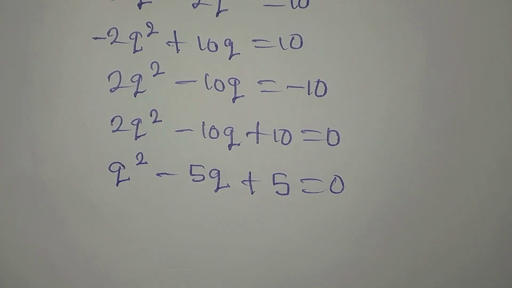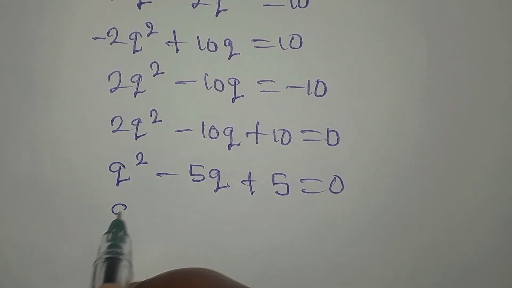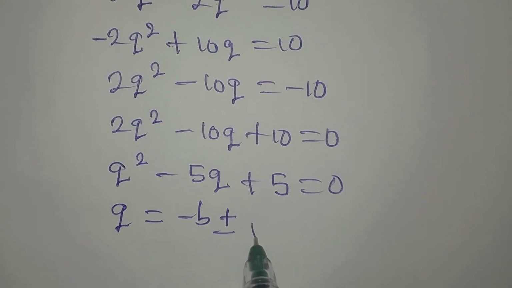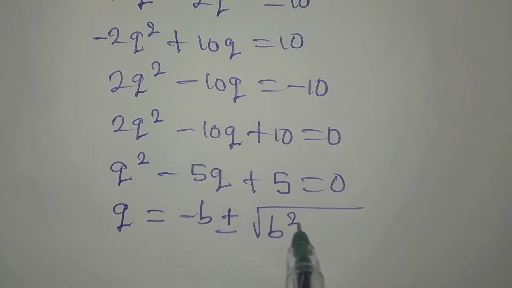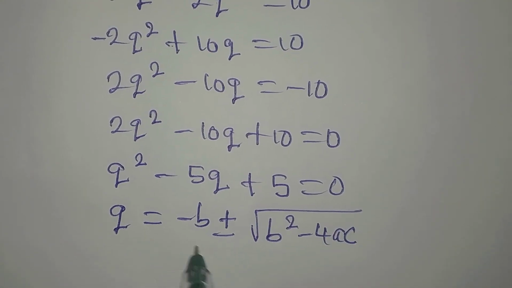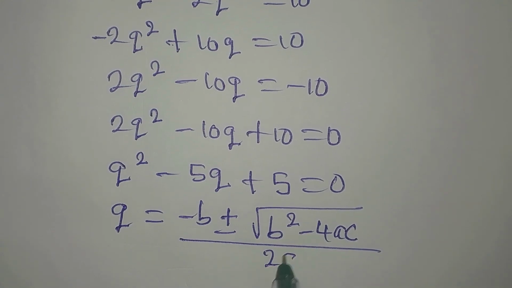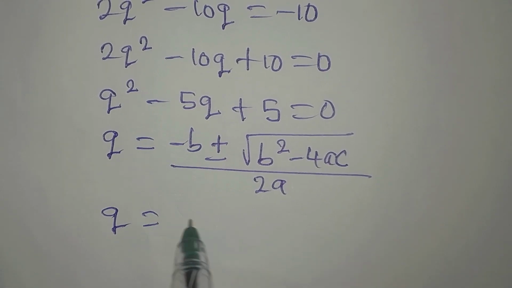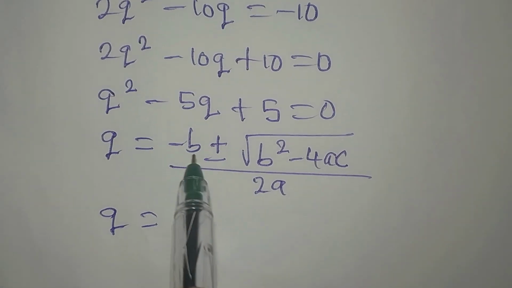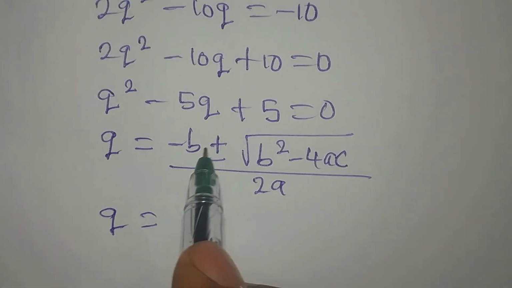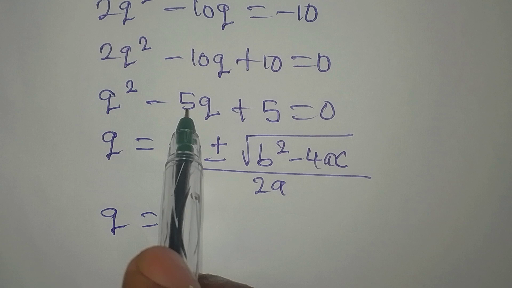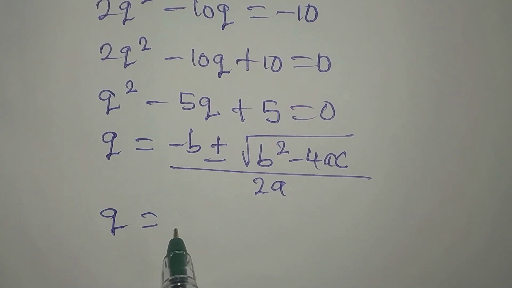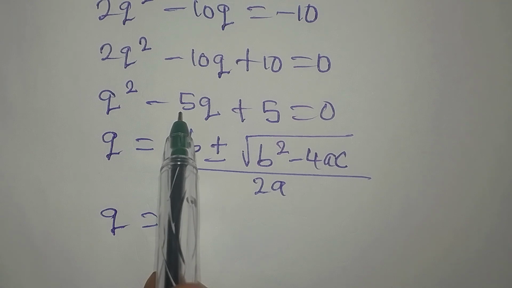What's our quadratic general formula? We have Q = (-B ± √(B² - 4AC)) / 2A. Now Q now is going to be minus B. This minus B now is going to be minus 5, because this negative should come first, and B itself is negative 5.